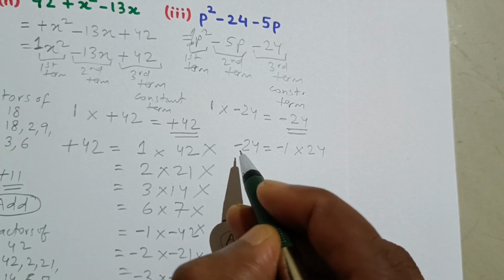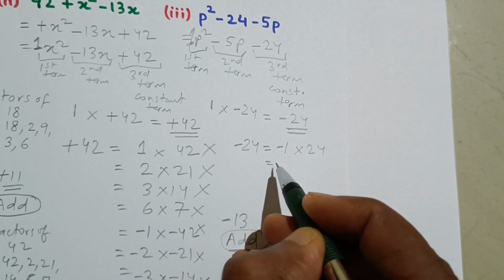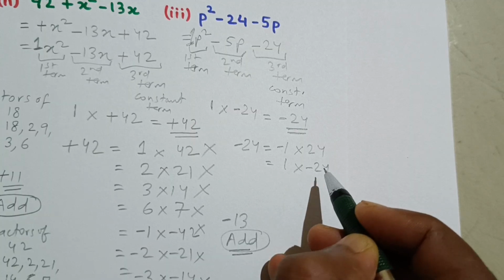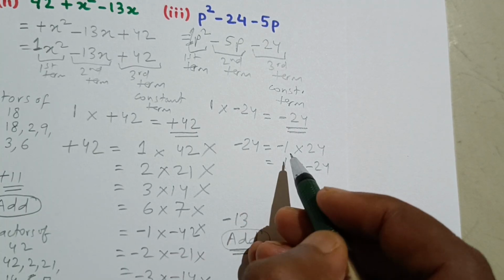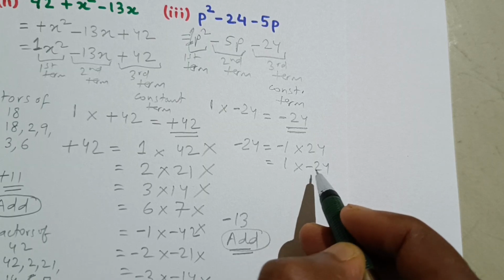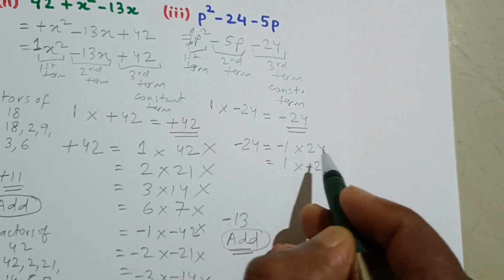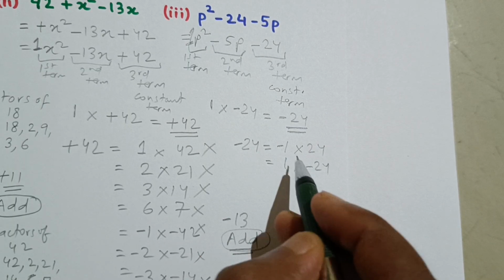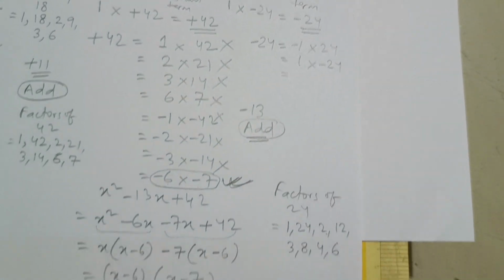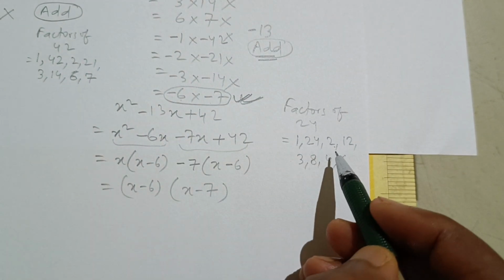Similarly, 1 into minus 24 is also minus 24. So these are some of the possible pairs. Now let us look at some other pair.